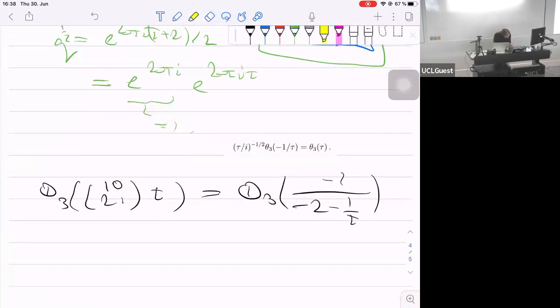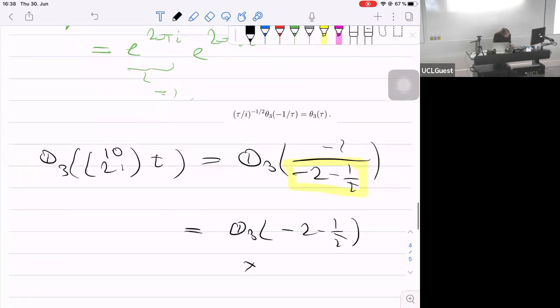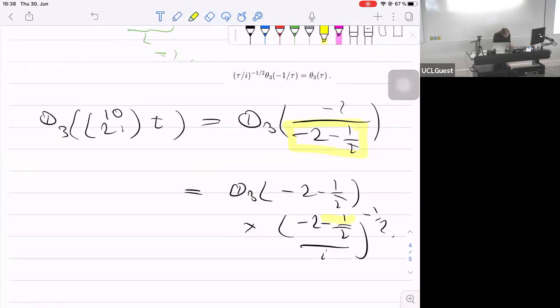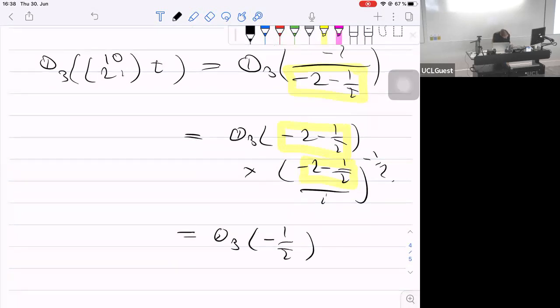We can see that we can write theta 3 of minus 1 over this thing as theta 3 of this thing with a factor, this thing over i, to the power half, to the power minus a half. And then we can use the periodicity in theta 3 to get rid of the minus 2. So adding 2 or subtracting 2 will not change theta 3.